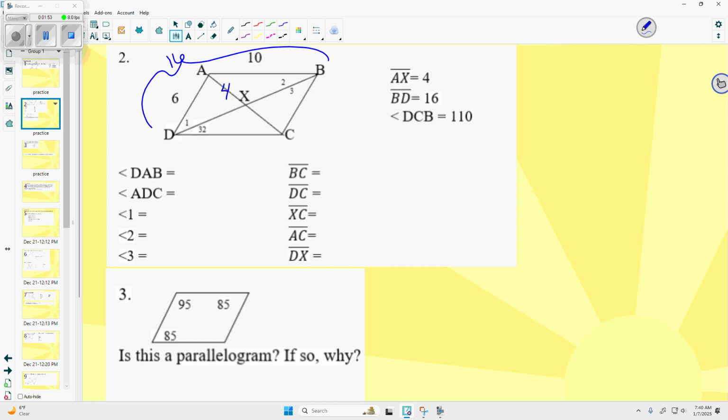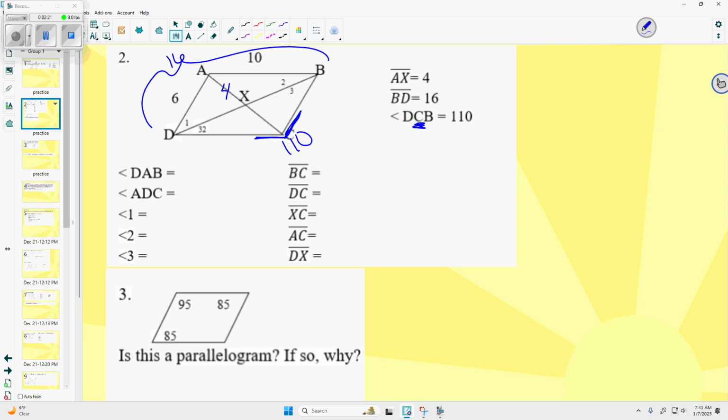And angle DCB, what's the vertex of angle DCB? C. So I start at D, I go to C, and I get to B. So this entire angle here is 110.